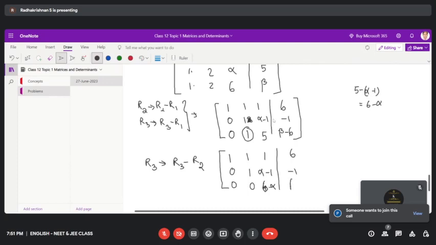And this is beta minus 6 minus (alpha minus 1)... no, beta minus 6 minus 0, so beta minus 6 plus 1, that means beta minus 5.